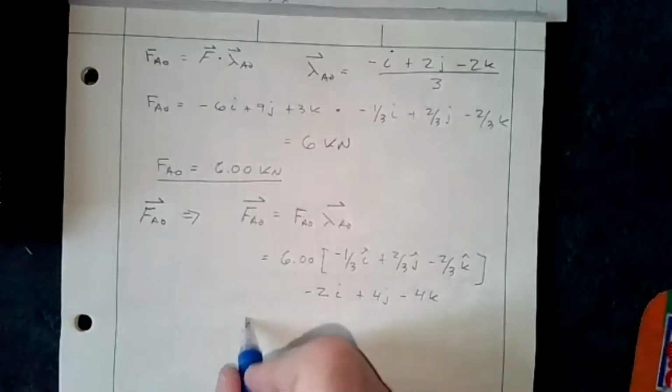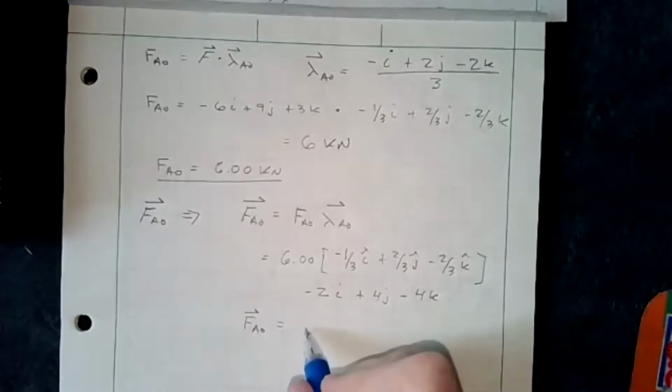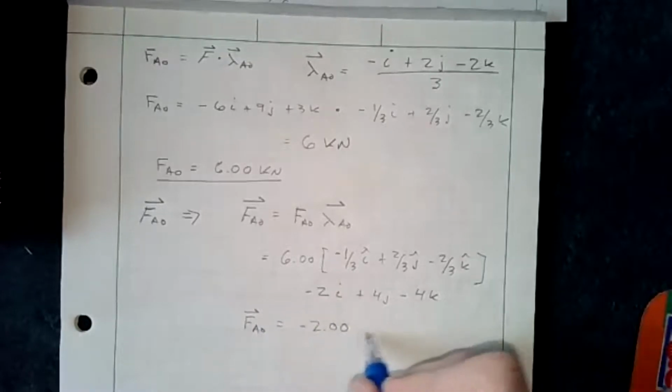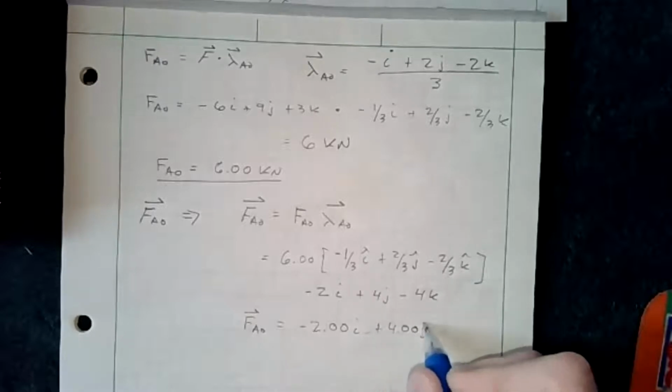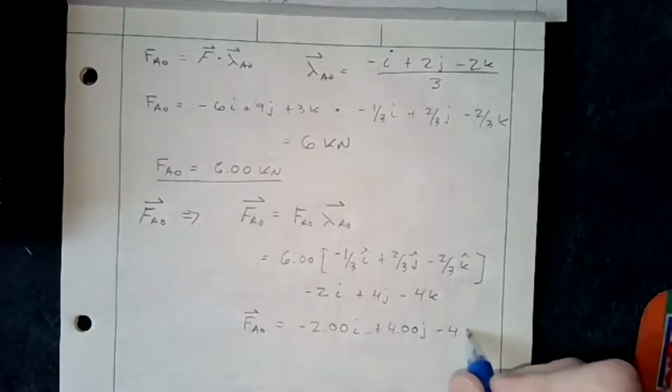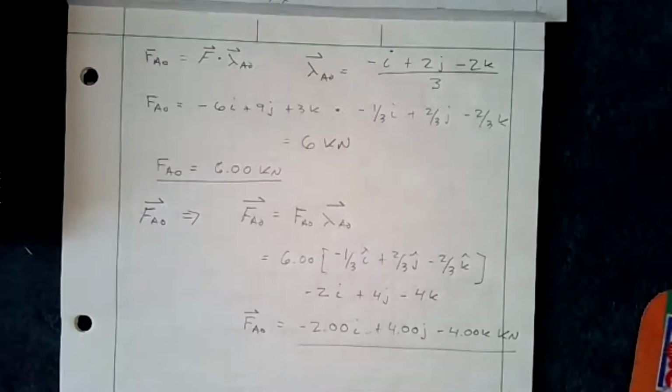Or our final FAO equals negative 2.00i plus 4.00j minus 4.00k, all in kilonewtons. And there's our answer.